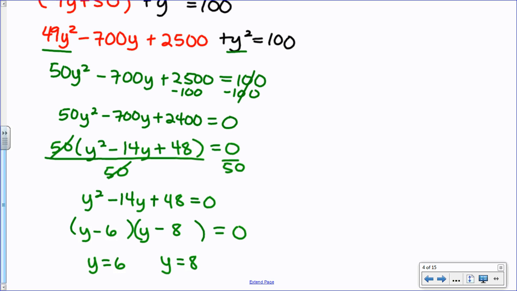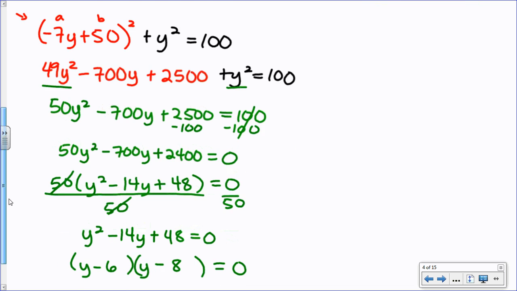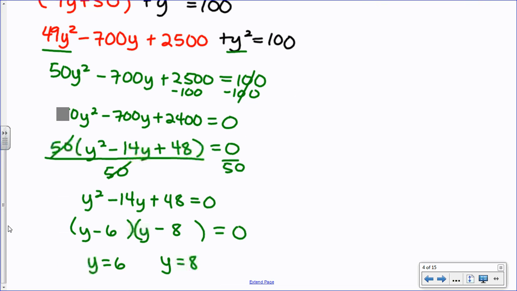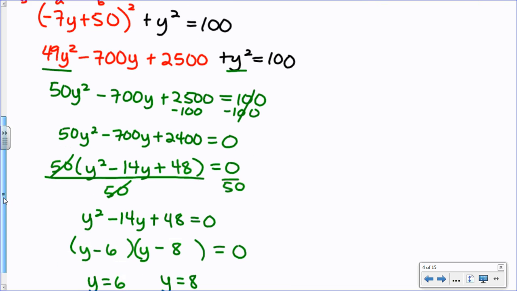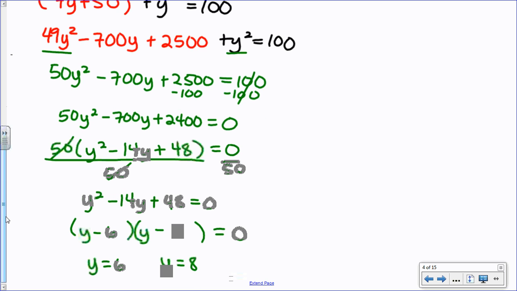So you can choose either equation to plug it back into. The linear one is probably the easier one. So that's x plus 7 times 6 equals 50.